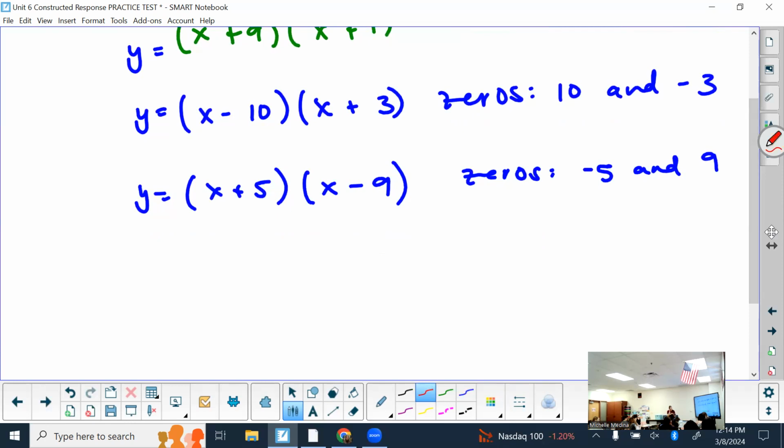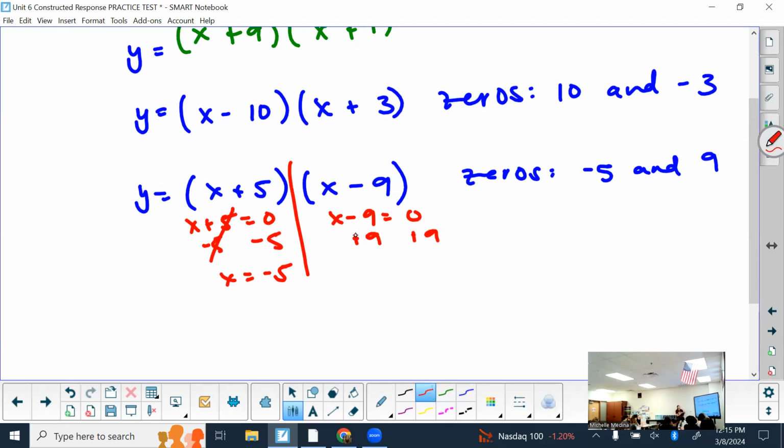What do you mean? Be more specific. Okay, so you are solving each for 0. That is true. That is something you'll be asked about on your Illuminate portion of your test. So yeah, you're having to do inverse operations, and that's how you get that it's -5 to make this parentheses 0.